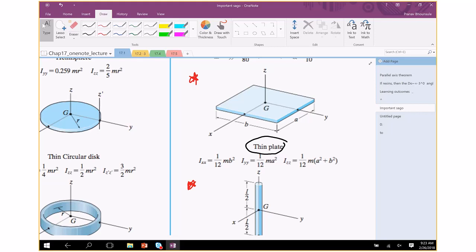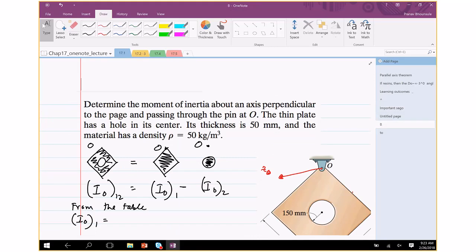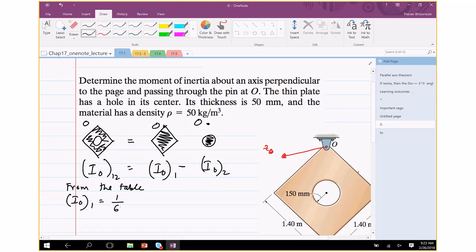So it's 1/12 mass times a squared plus b squared, but a is equal to b, right? It's a square plate. So it's going to be 2a squared divided by 12. So it's m a squared divided by 6. So 1/6 times mass times 1.4 squared. Now let me just write it this way.